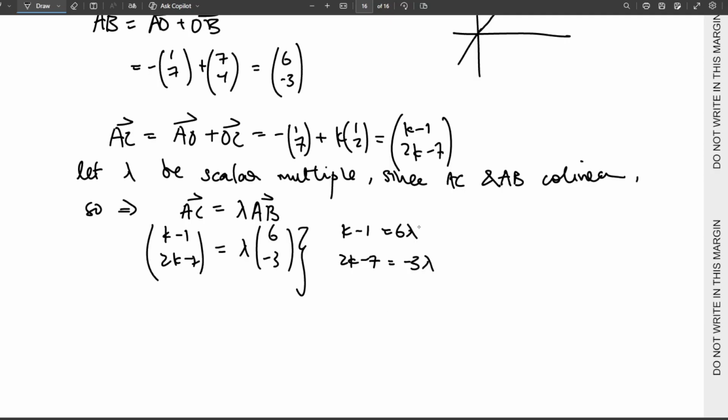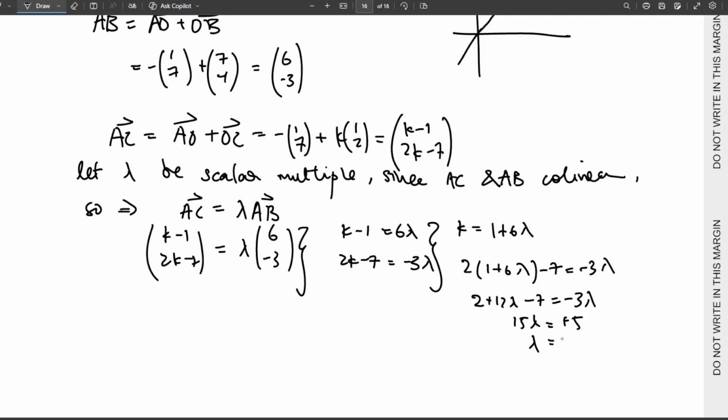You can just solve using simultaneous equations. From the first equation I'll isolate K: K equals 1 plus 6 lambda. I will substitute into the second equation, so 2(1 plus 6 lambda) minus 7 equals negative 3 lambda. Lambda I am able to find as 1 over 3.